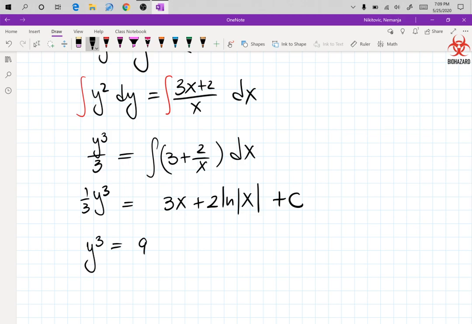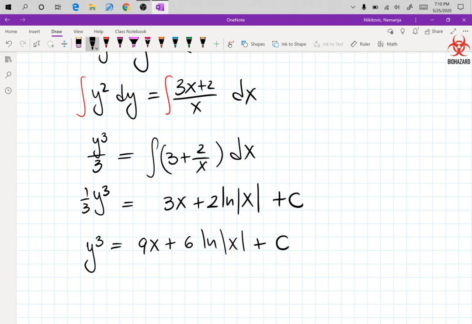You will get 9x plus 6 ln absolute x plus, and here is the thing that annoys a lot of people. You kind of want to write 3c, but you don't have to. C's will absorb multiplication or division by a constant, so there is no need to write 3c. I know it's going to trigger a lot of you, but really you will get used to it in this course.